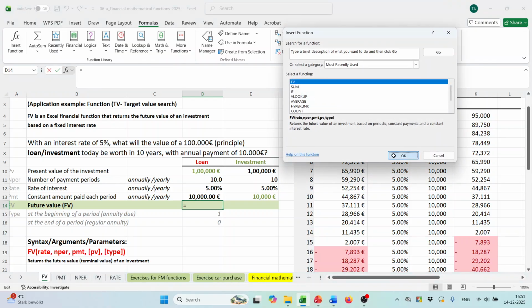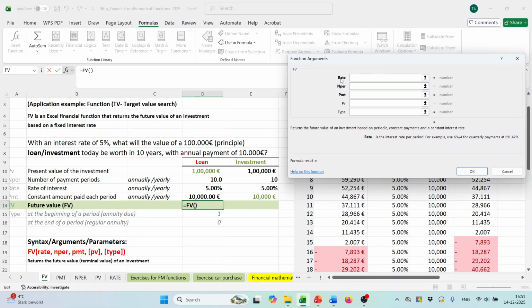fx, I go to the functions, we can see we need some arguments like rate. Rate means the percentage of our interest. Then nper, this is the number of periods we want to pay our debt. So like 10 years, we want to pay the debt for 10 years. PMT is the regular payment, but you should remember from the previous PowerPoint slide that payment should be negative because the farmer is giving out his money.